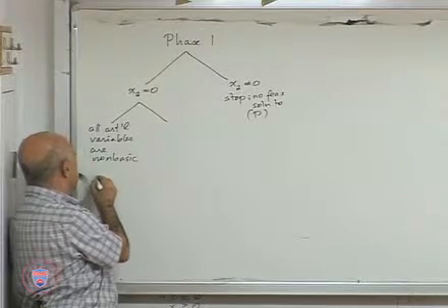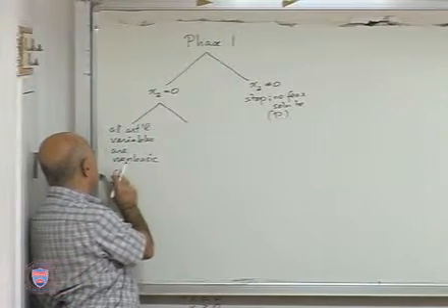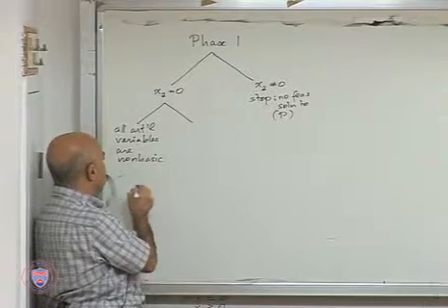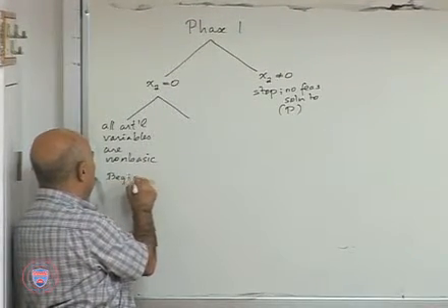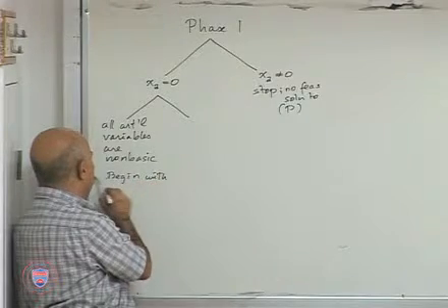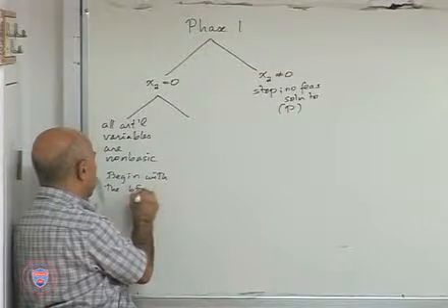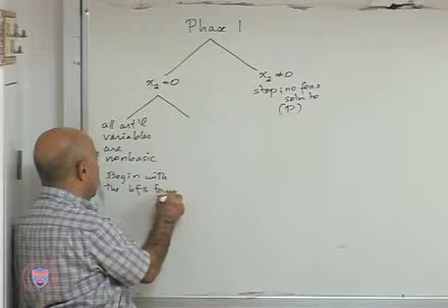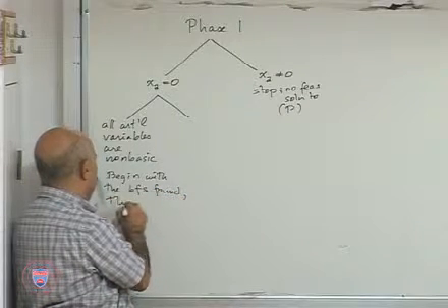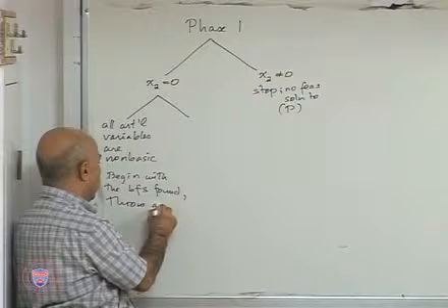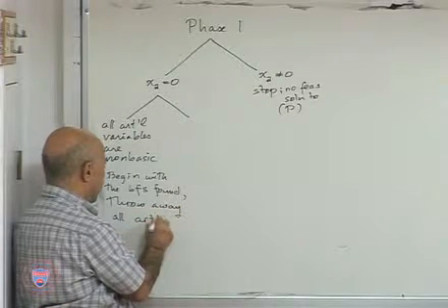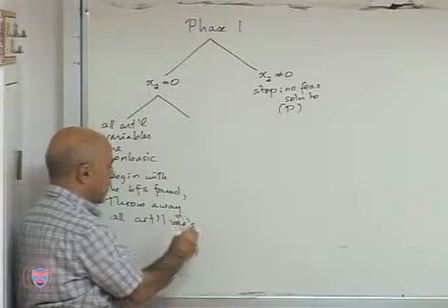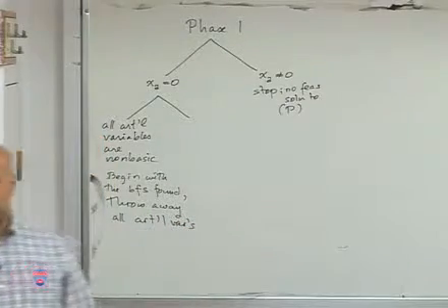And in this case, we simply continue to phase 2. Begin with the basic feasible solution found at the end of phase 1 by throwing away all artificial variables. Okay? You simply discard them.